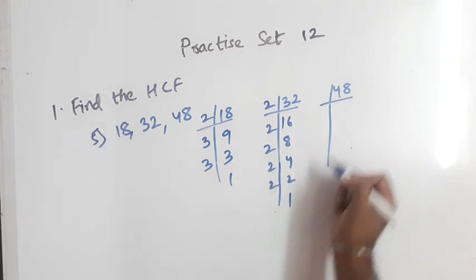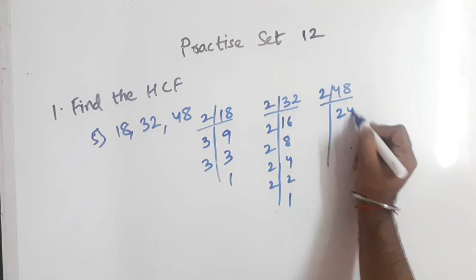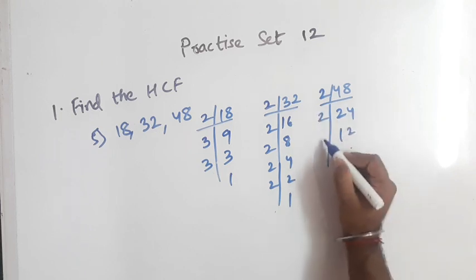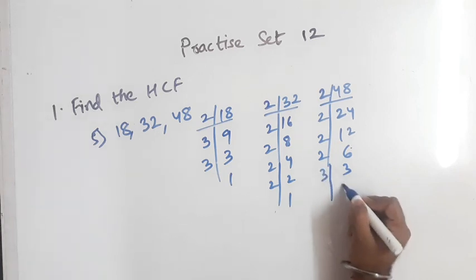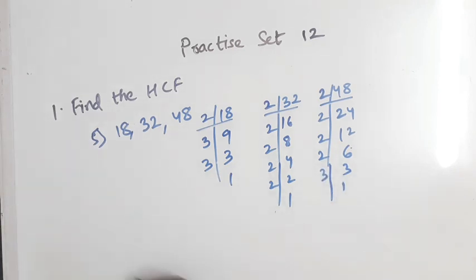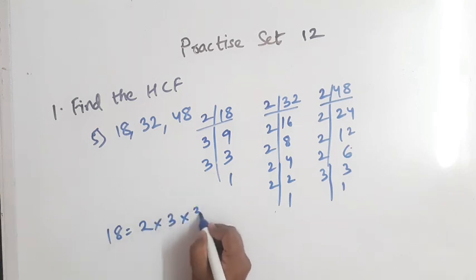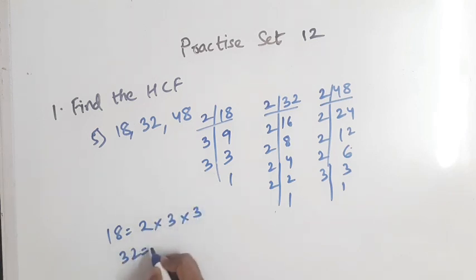What about 48? 2 24, 2 12, 2 6, 2 3, and 3 1. So we reached here. 18, I'll write the factors 2 into 3 into 3. 32, I'll write the factors 5 times 2.